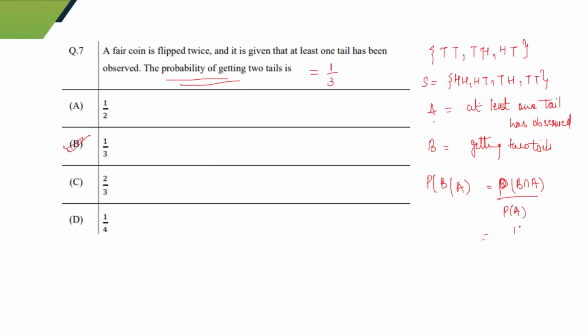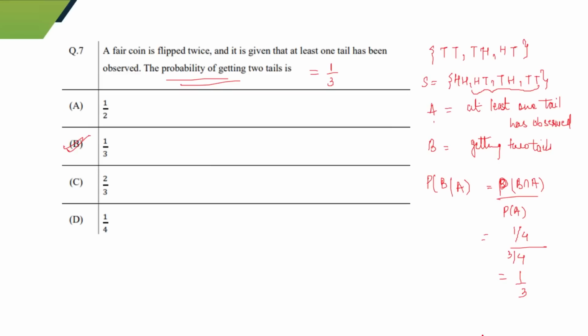So I get a probability here of 1 by 4. And probability of A, that means at least one tail has been observed: I can see that I have three cases in which one tail has been observed. So 3 by 4 is the probability of A. If I solve it, I get 1 by 3 as my probability. So it's up to you whether you want to solve this question directly or use conditional probability. Okay, so that is a question from probability.